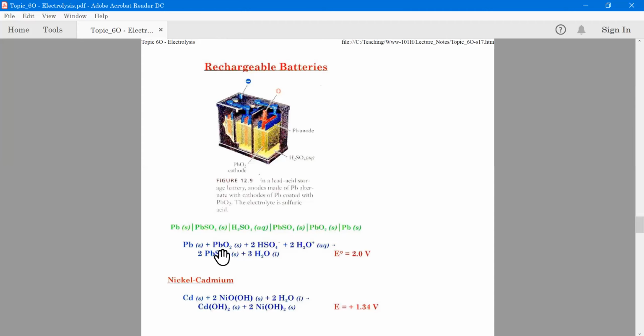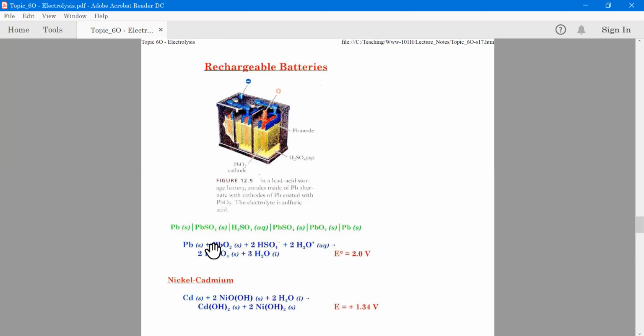And the other electrode, which consists of lead with a coating of lead dioxide, the lead is plus 4, because there are 2 oxygens and they're minus 2. The lead 4 gets reduced to lead 2. So both the oxidation at the anode and the reduction at the cathode form the same product. It forms lead sulfate. That's why the chemistry involved is kind of unique, and why it's been used for so many years, because it's all self-contained.